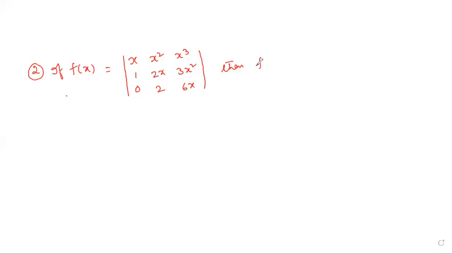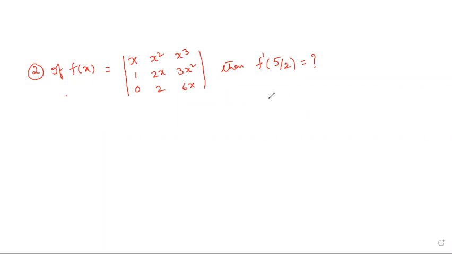Second problem: if f of x is equal to the determinant with first row x, 1, 0; second row x square, 2x, 2; third row x cube, 3x square, 6x; then f dash of 5 by 2 value is required.